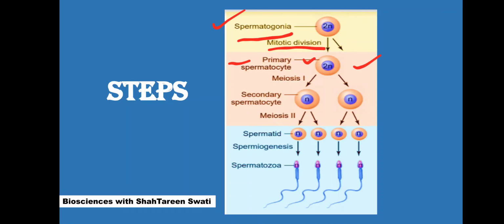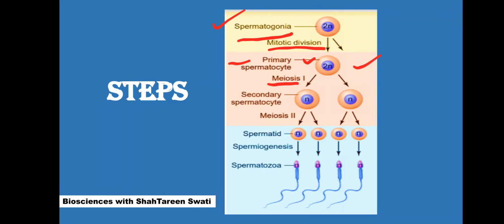Now these diploid cells, the primary spermatocytes, undergo the first meiosis, also known as the first meiotic division. You know that the word meion means half, meaning reduce.